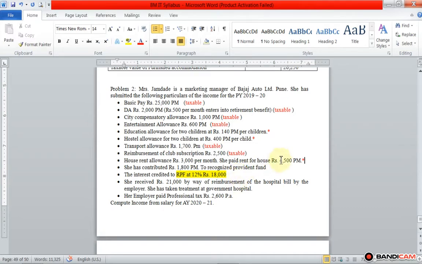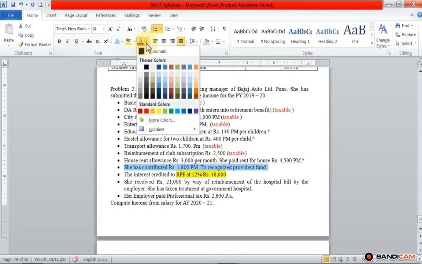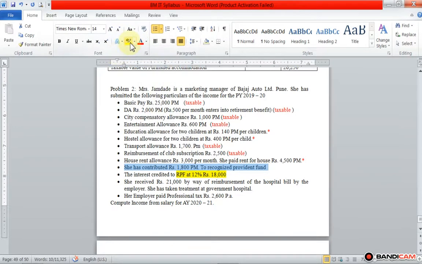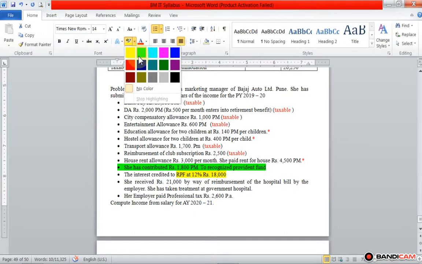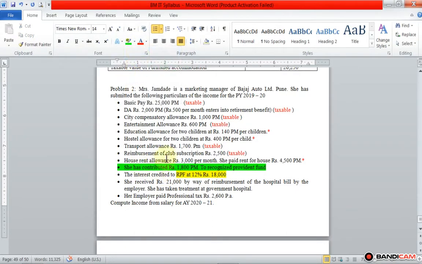Got it? So this adjustment is given for your confusion. Only deduction is allowed for contribution of assessee, but when we compute income from salary, this adjustment is given for your confusion.